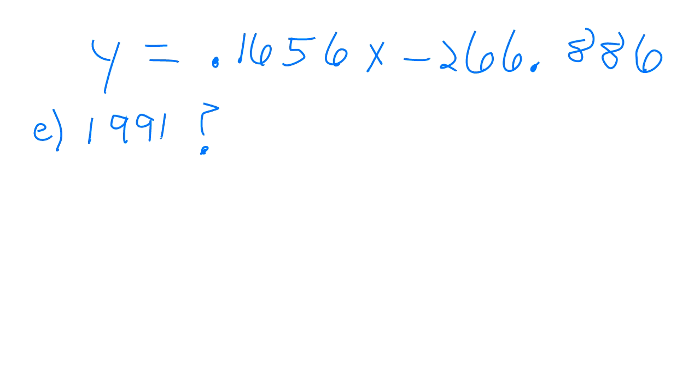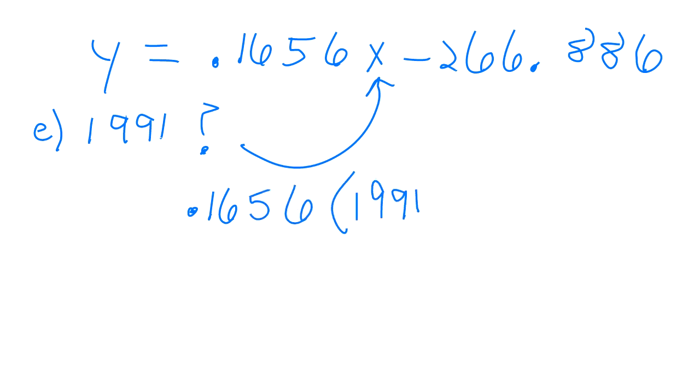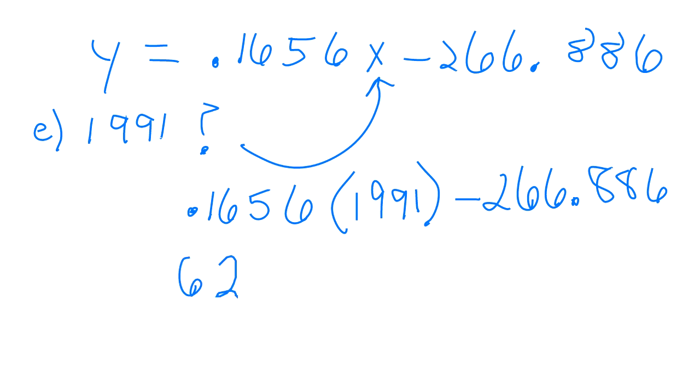What's the percent of female wages? So all we do is stick 1991 in there. So 0.1656 times 1991 minus 266.886, and that came out to 62.82. I'll just round it, 62.82.